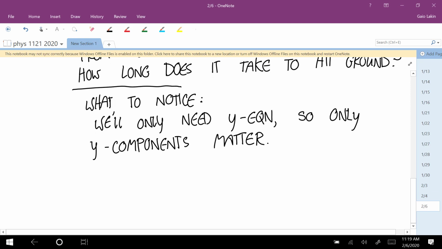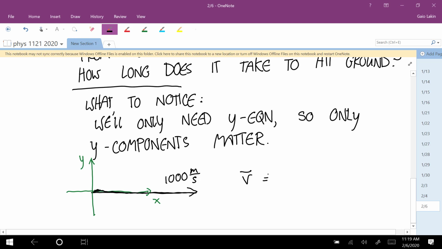Okay, well, if this is the coordinate system, and this is the velocity at the instant that the bullet's fired, then that velocity is all in the x direction, okay?